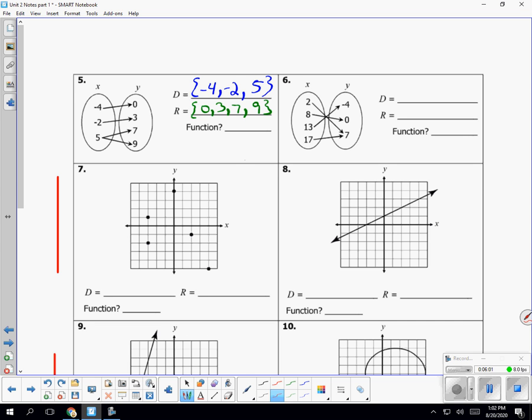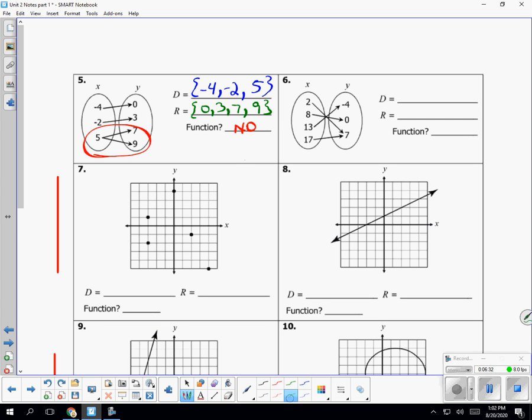Does each x value go to only one y value? If you remember correctly, in a mapping diagram, each x value is paired with an arrow to its output. And as you can see right here, that 5 is paired with not just 7, but also 9. So that means that the input value 5 has an output of 7 and an output of 9. So no, this one is not a function.